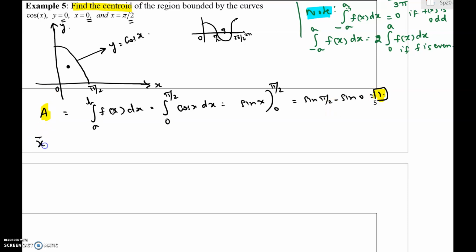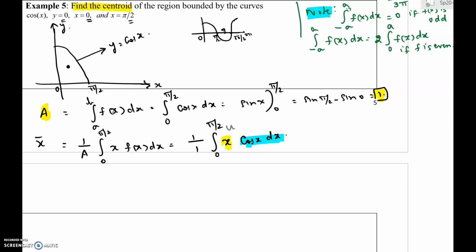So area of the plate equals 1. Next, let's find x bar, which is the x coordinate of the centroid, which is 1 over A integral 0 through pi by 2 x f of x dx, which is 1 over 1 in this case, integral 0 to pi by 2 x times cosine x dx. This part you are going to do by the u dv method, integration by parts. This is u and this one is dv.